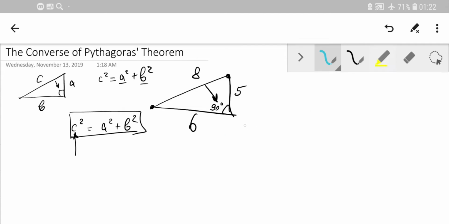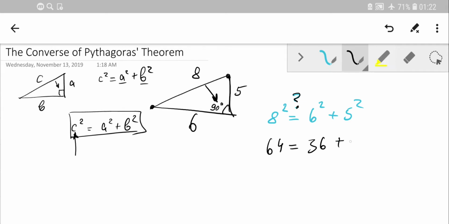We simply put the longest side as C, that's always the case, and test this equality. So 64 equals 36 plus 25. Let's check it. It's not equal, obviously, hence the triangle is definitely not right angled. That's the typical question.